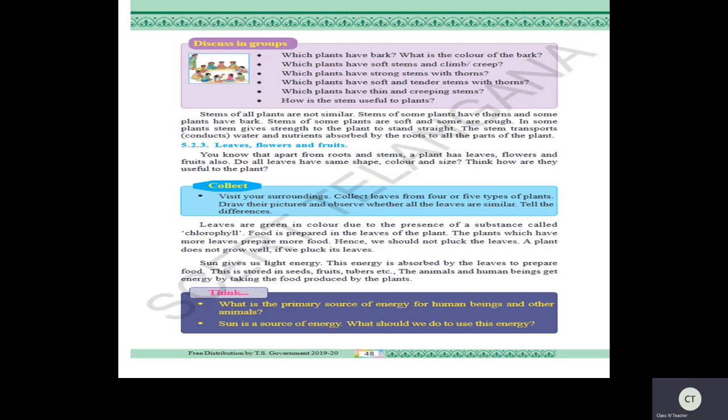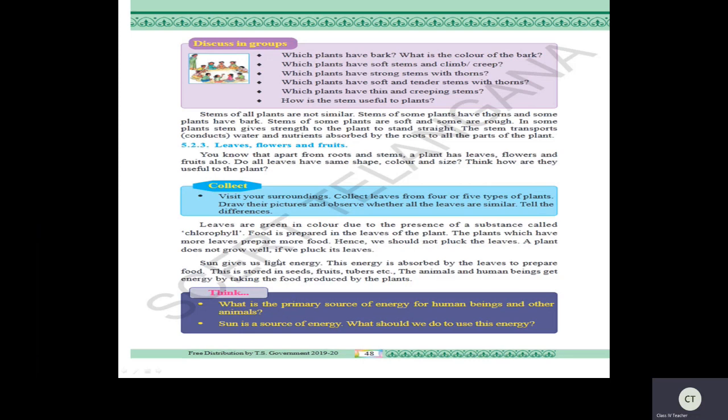So don't do that. A plant does not grow well if you pluck its leaves. But older leaves which are dried, you can remove so that new leaves can grow. Yes, that you should know.